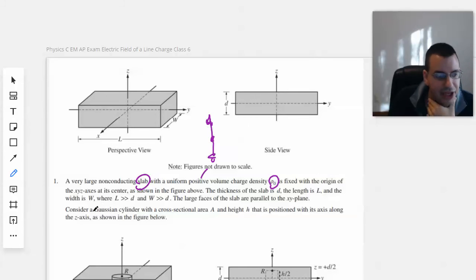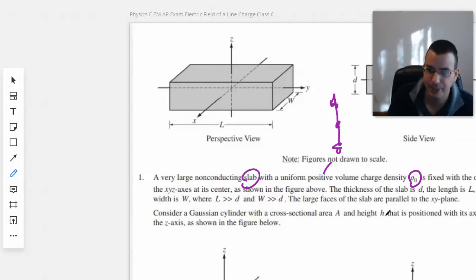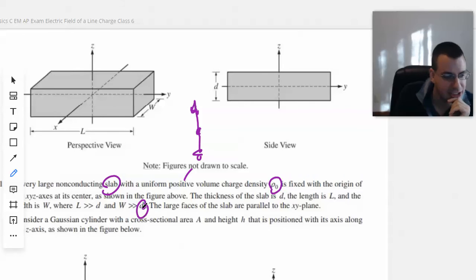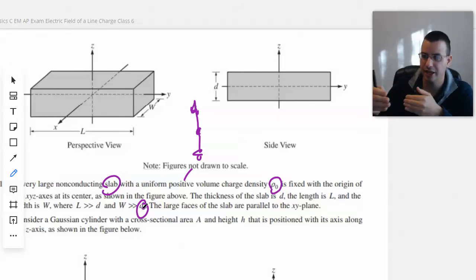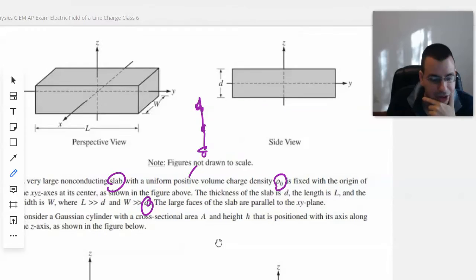And the width is W, where L is significantly larger than d, and W is also significantly larger than d. So what they're saying is we can treat this as an infinite plane, since the thickness d is negligible compared to the length and width. The large faces of the slab are parallel to the xy plane.